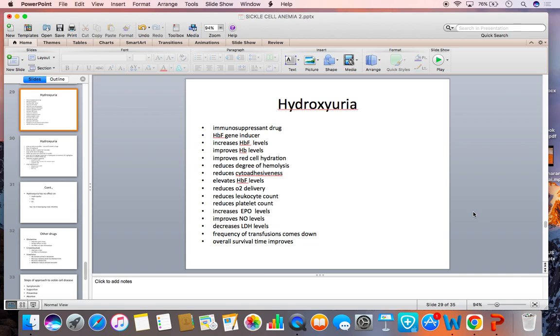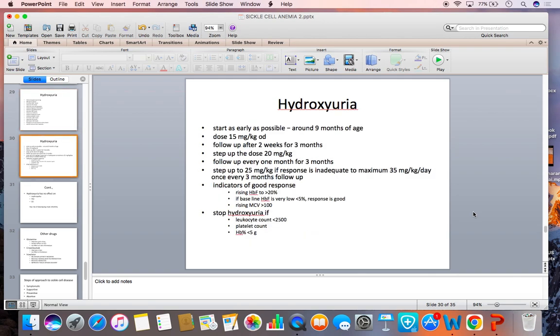Reduces leukocyte count, reduces platelet count, okay, increases EPO levels, improves nitric oxide level, thereby helping vasodilatation and reducing the vaso-occlusive crisis, decreases LDH levels, frequency of transfusions come down, and overall survival time is improved. So there are so many benefits of the drug hydroxyurea. That's why this is a wonderful molecule that has been given to the patients of sickle cell anemia.